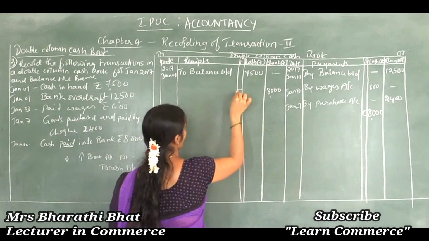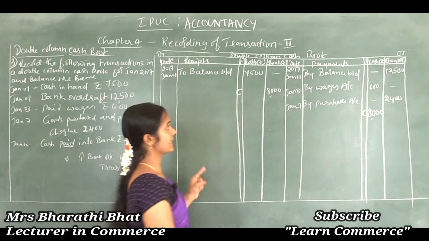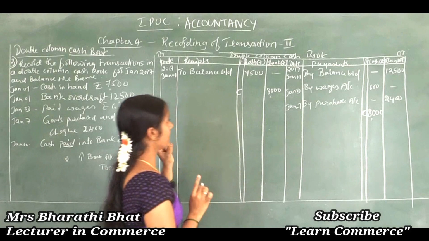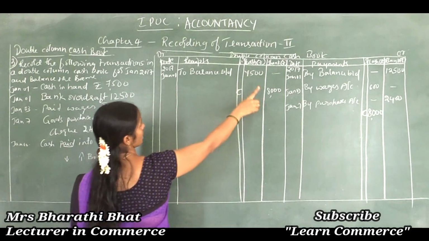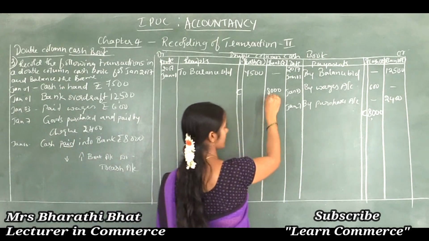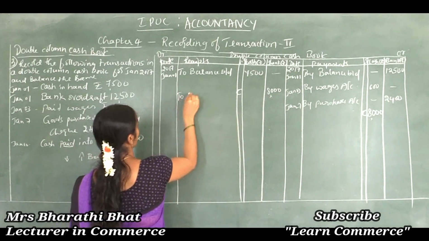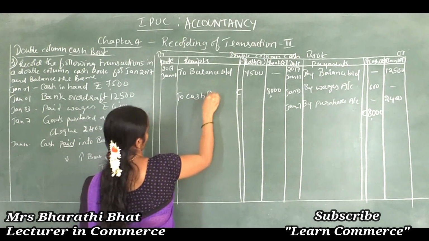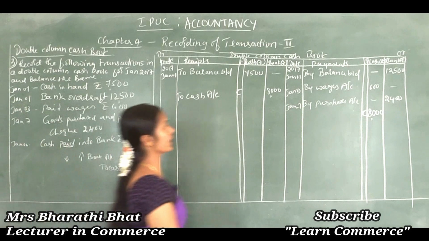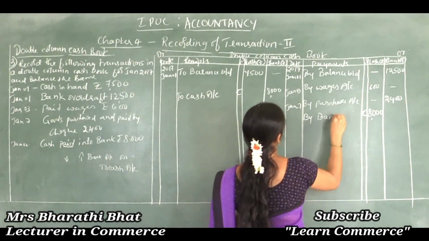You should write the letter C under the LF column, C in front of that amount, and here the bank account amount is recorded under the bank column, so to cash account. To bank, what we deposited? Cash. So here by bank account.